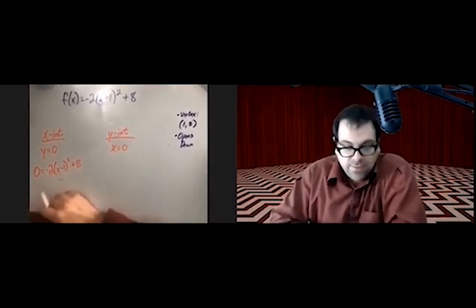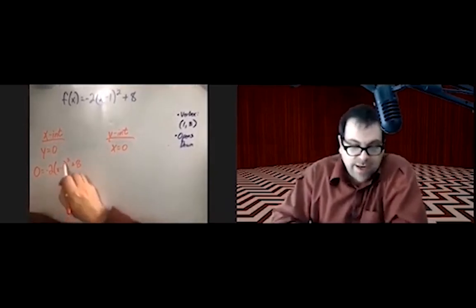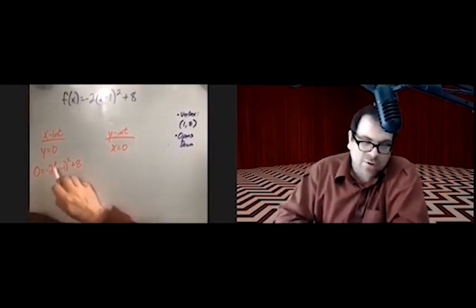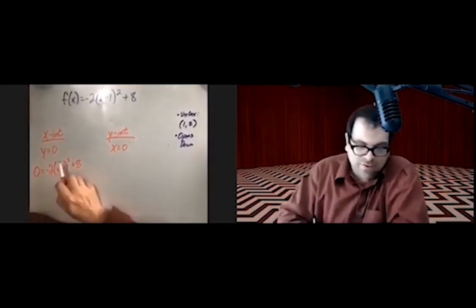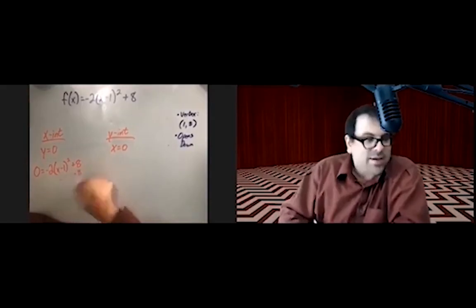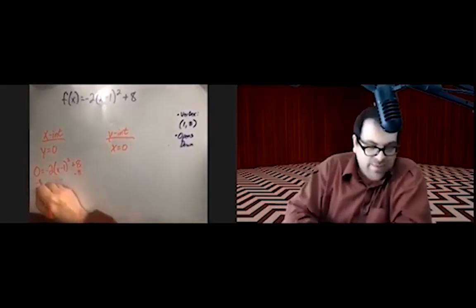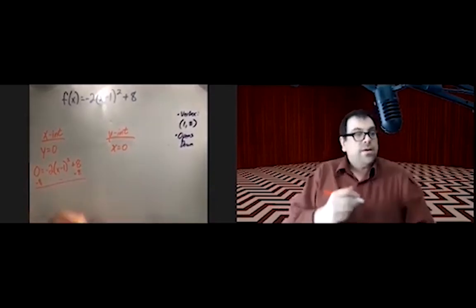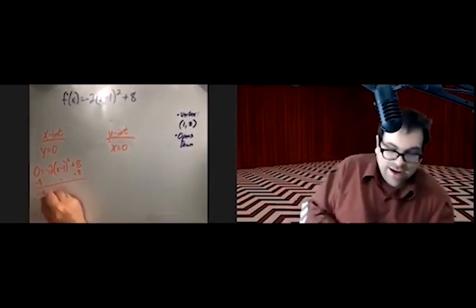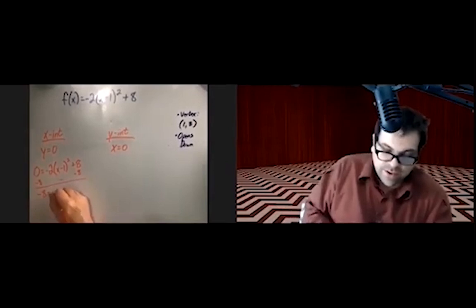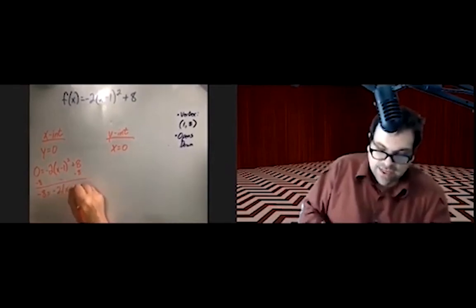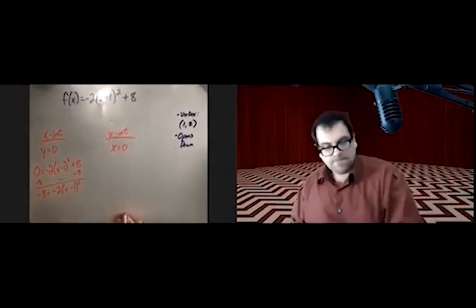What do we do next? We want to get the x by itself, so we got to get the x minus 1 squared by itself, so we got to get the -2 x minus 1 squared by itself. We can start by subtracting 8. This gives us -8 equals -2 times x minus 1 squared.